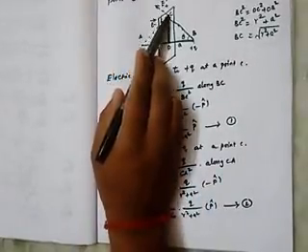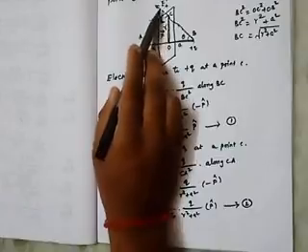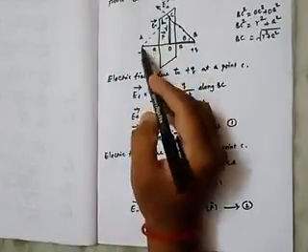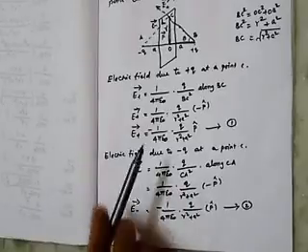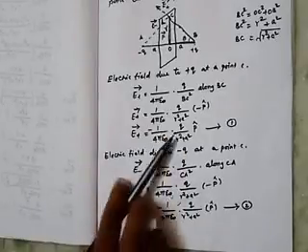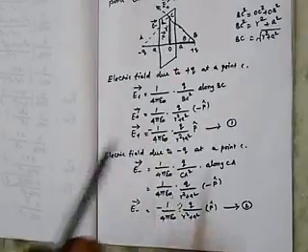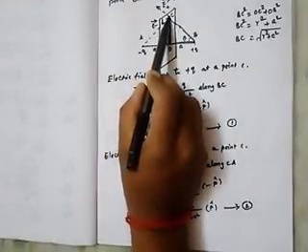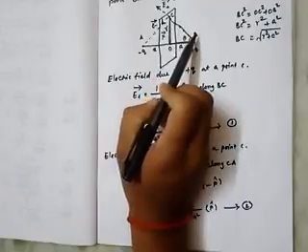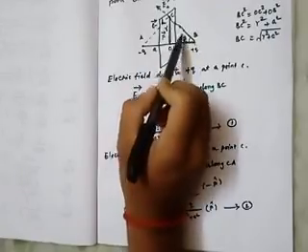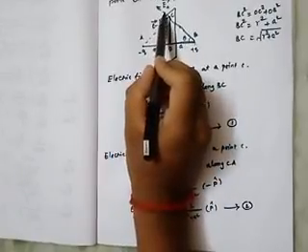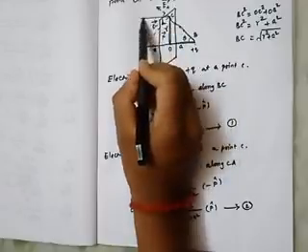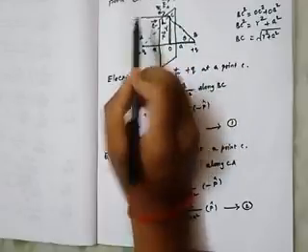According to the diagram, one is acting along BC and the other along CA. In magnitude the electric field is the same, but it is acting in the opposite direction. And at point C, the electric field due to the positive charge makes the angle theta with the horizontal plane.